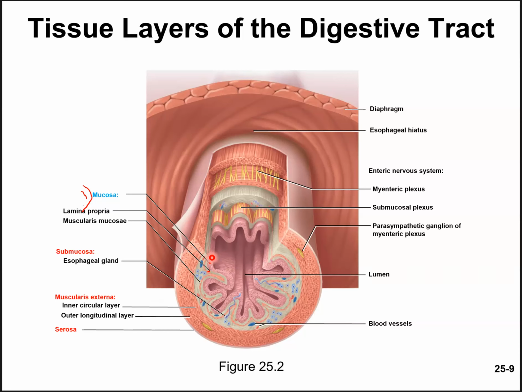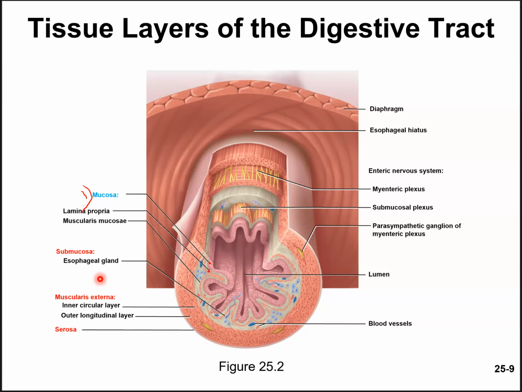Now, the type of epithelial tissue that lines the innermost part of the digestive tract is simple columnar epithelium. So the next layer in the digestive tract is the submucosa. The submucosa contains blood vessels, lymphatic vessels, and nerves, and it contains an enteric nervous system.